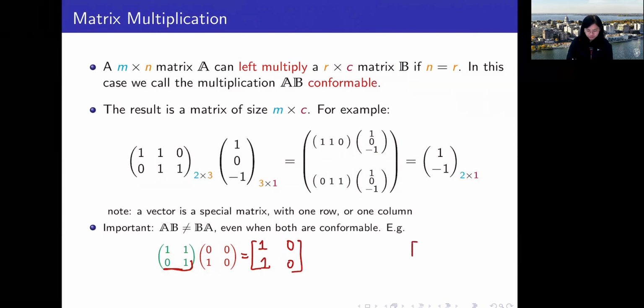But if you switch the order of multiplication, you write 0, 0, 1, 0 on the left, but you write 1, 1, 0, 1 on the right, then what are you going to get? What you will get is actually the following. You multiply 0, 0 to 1, 0, and that's the first row, first column. That is 0.